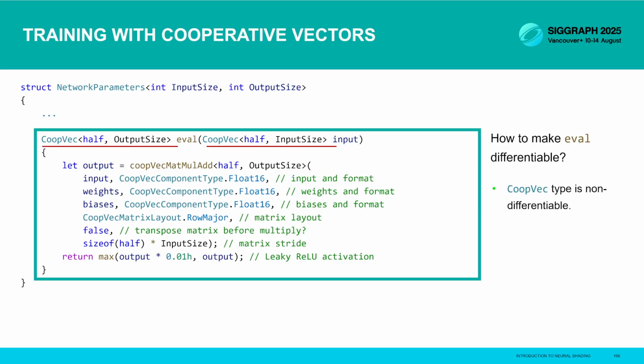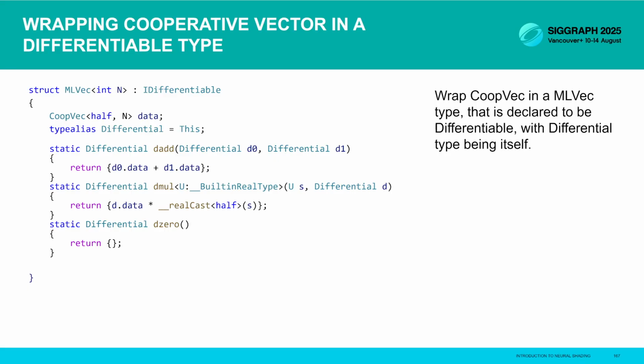We have two challenges here. One is that the built-in coop vec type isn't considered by the Slang compiler as a differentiable type. We are still working on making coop vec a differentiable type out of the box, but for now this is not yet the case. Second, the coop vec mat_mul_add intrinsic is not a differentiable function either. Since the coop vec type is not yet considered differentiable by the Slang compiler, we need to wrap it into a differentiable type.